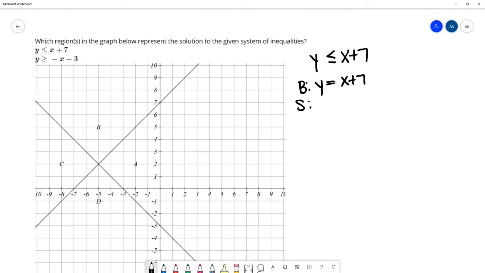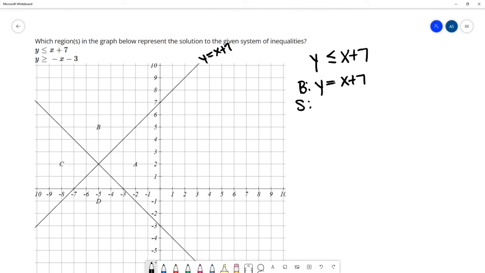You can see this y equals x plus 7 has this line right here, a y-intercept of 7. This is slope-intercept form, that y-intercept of 7, and a slope of 1. You can see rise over 1. So this line right here is that boundary line, y equals x plus 7.